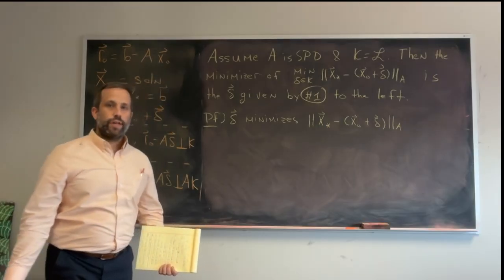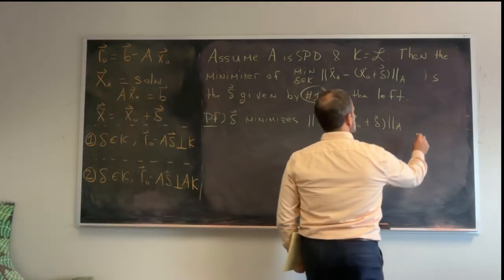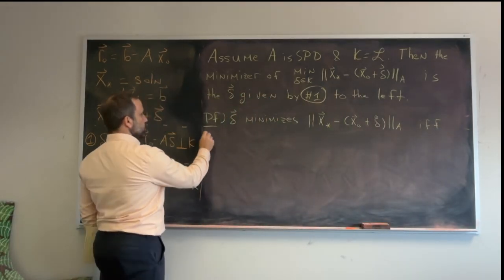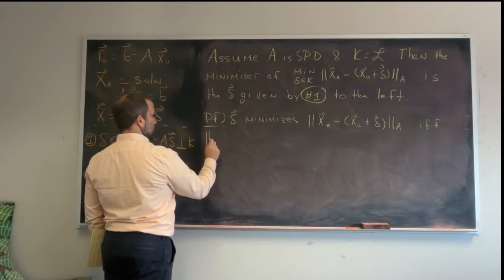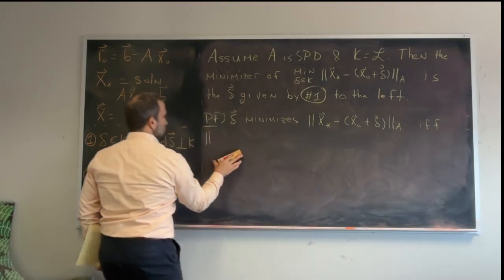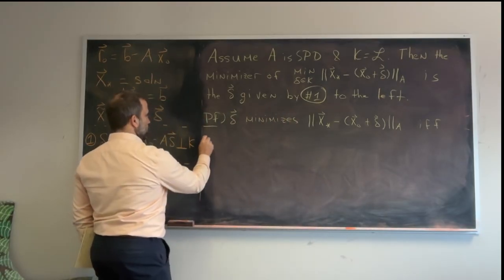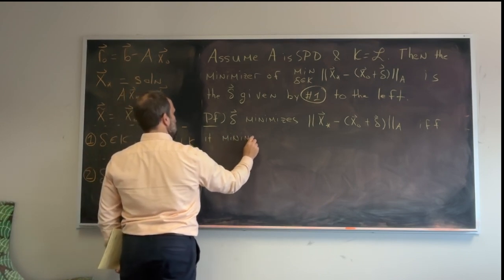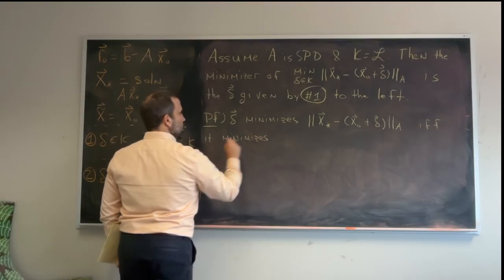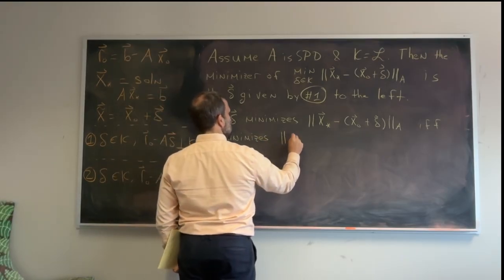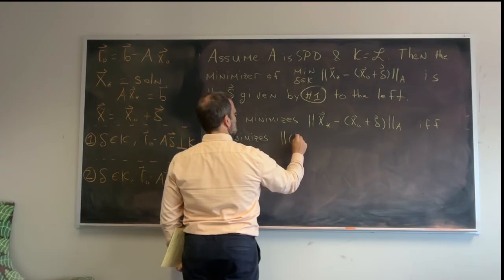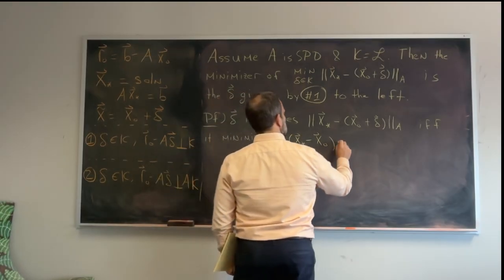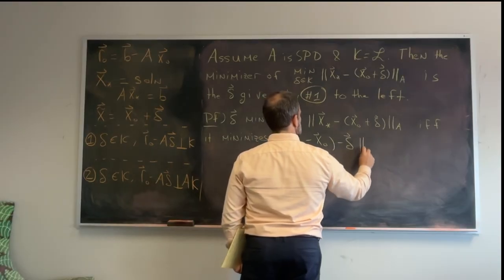I'm going to say something that's really ridiculously obvious, it's almost not worth saying, but it rearranges this how I want: if and only if it minimizes x star minus x naught minus delta.